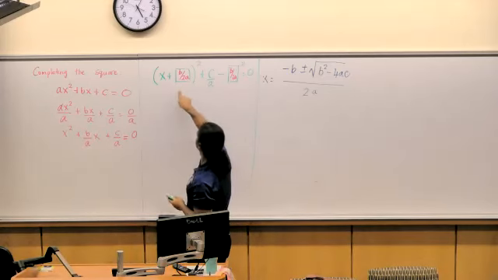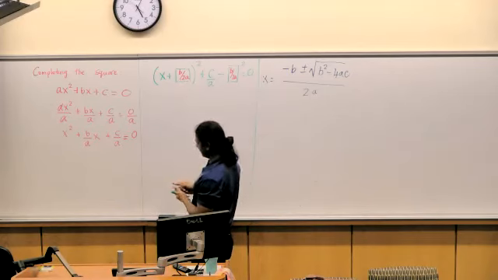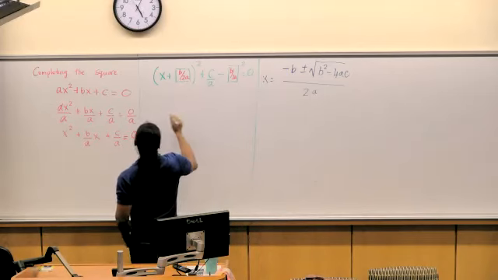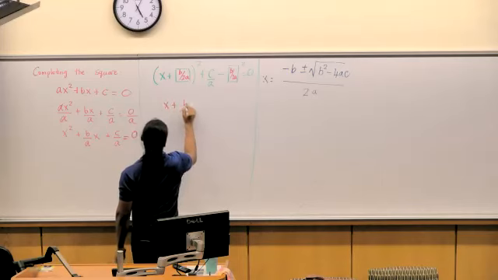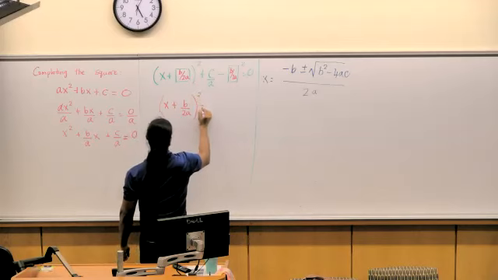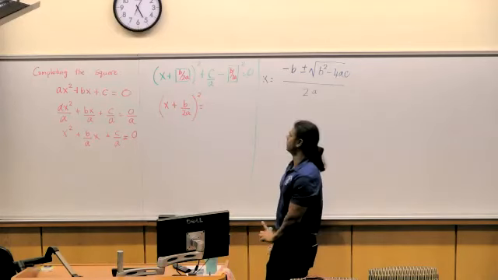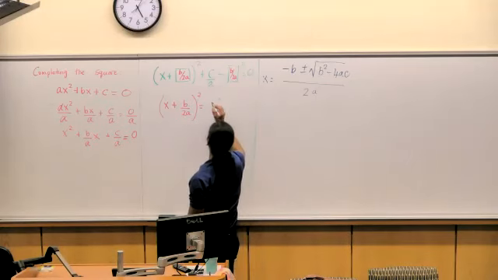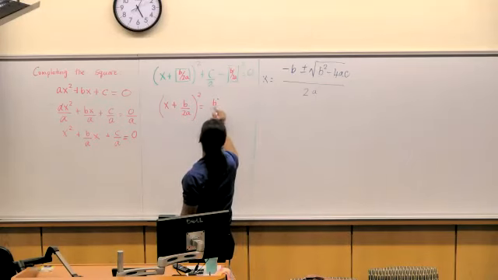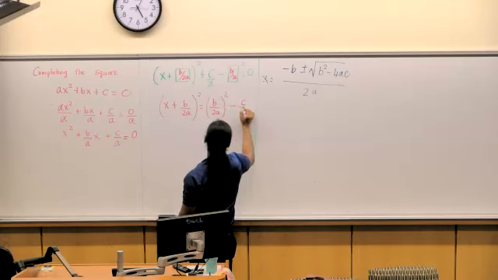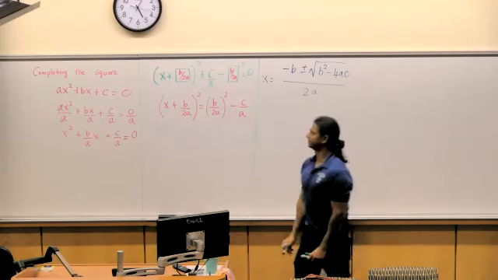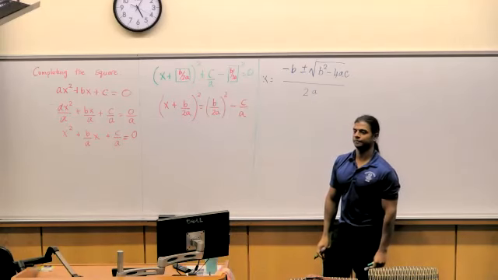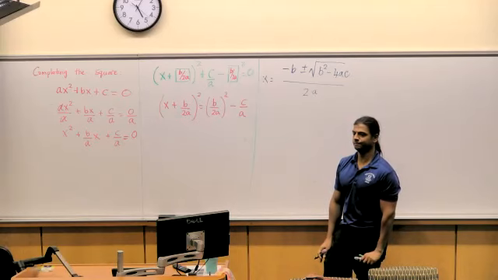So x plus b over 2a squared would equal, moving that term to the other side, b over 2a squared minus c over a.